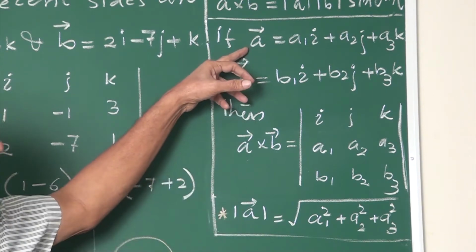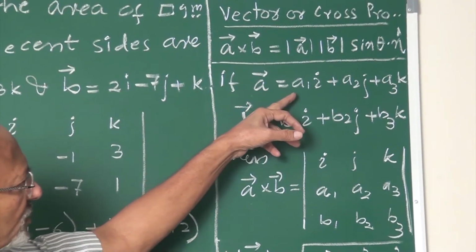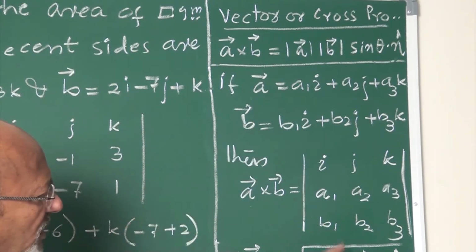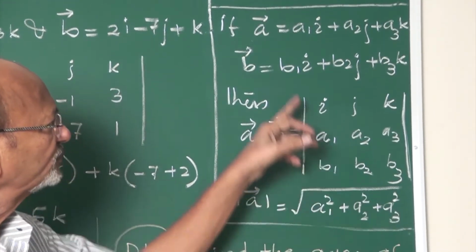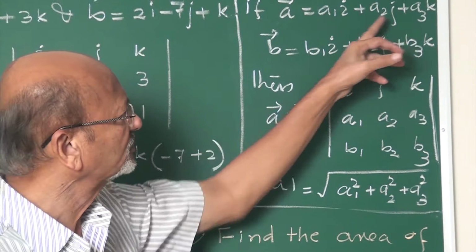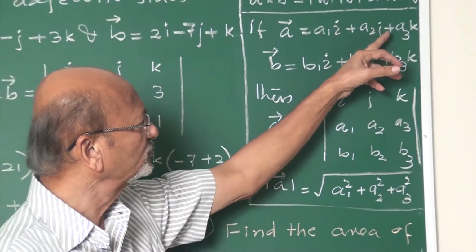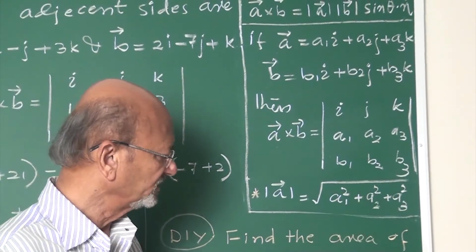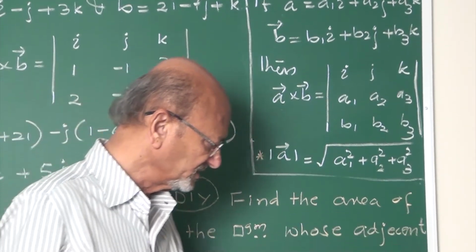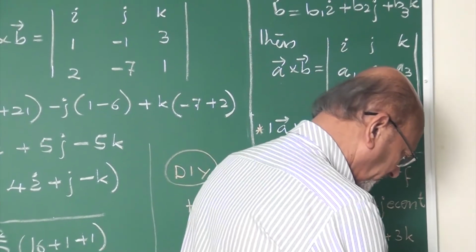You know the magnitude of A is the square root of the sum of squares of the scalar components: A1 square plus A2 square plus A3 square. It is just a reminder.